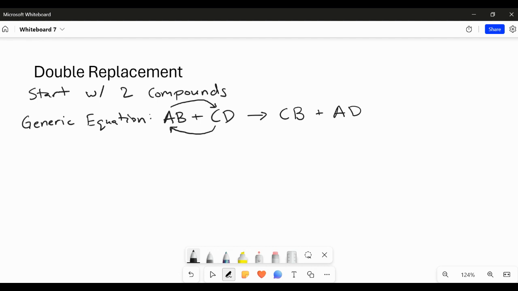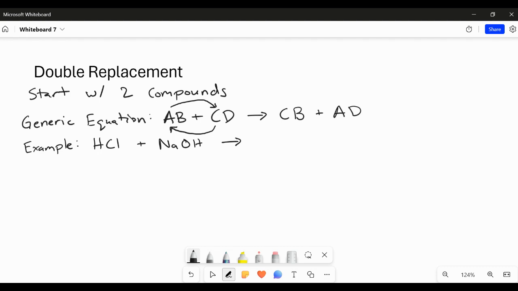Now, let's look at an example of this. An example would be a neutralization reaction. Let's say we have hydrochloric acid plus sodium hydroxide. Hydrogen and sodium are positively charged.